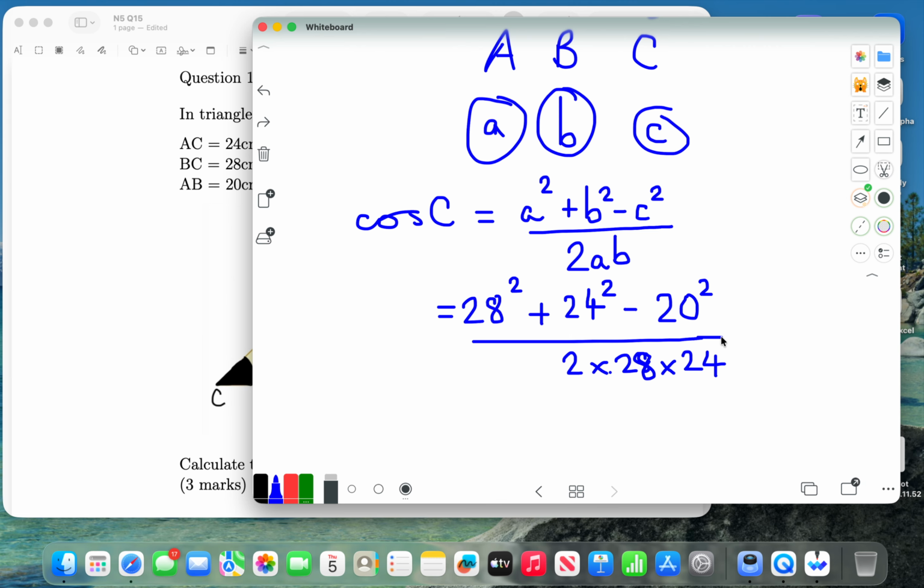So to save any issues regarding the order of operations, evaluate the numerator on your calculator first. So that's the first thing you want to do. Then divide by 2, then divide by 28, then divide by 24.